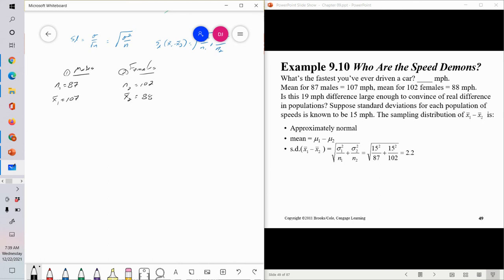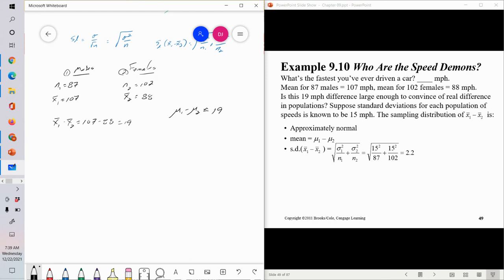So notice that X bar 1 minus X bar 2, 107 minus 88, is 19. Therefore, our point estimate for mu1 minus mu2 is that the difference in the fastest speed driven, on average, for men and women is approximately 19 miles per hour.